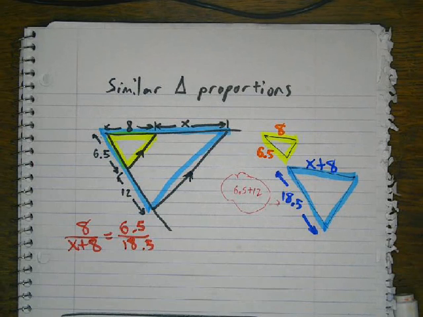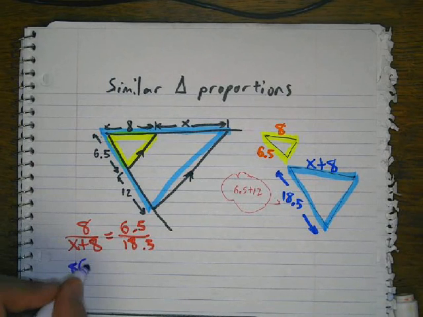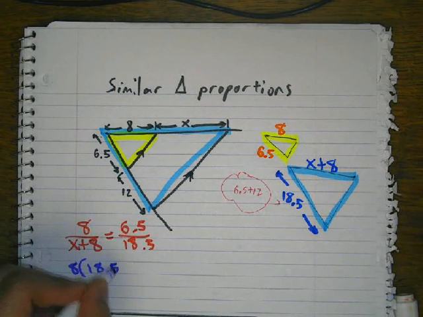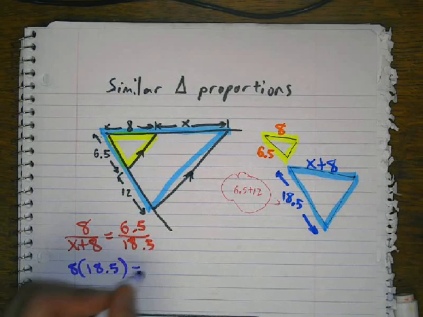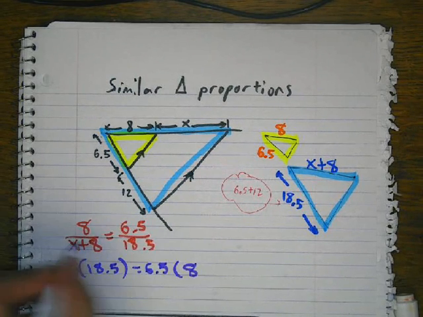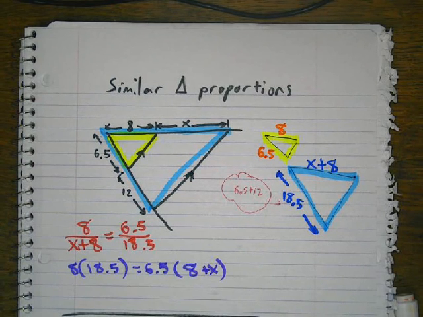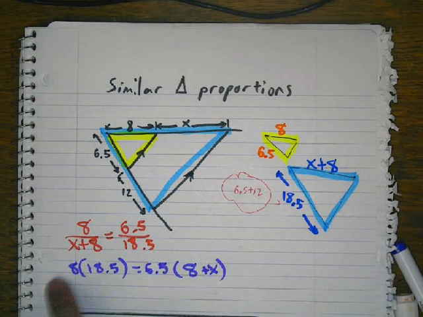So now if I cross multiply, then I get 8 times 18.5 equals 6.5 times x plus 8.